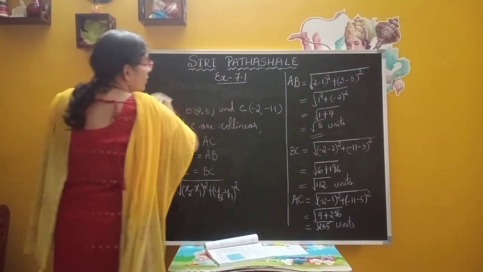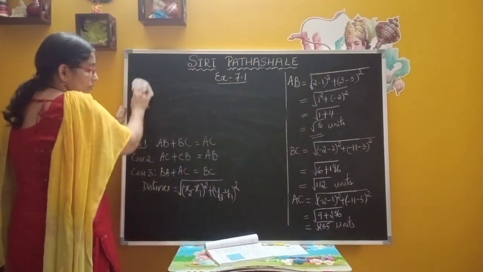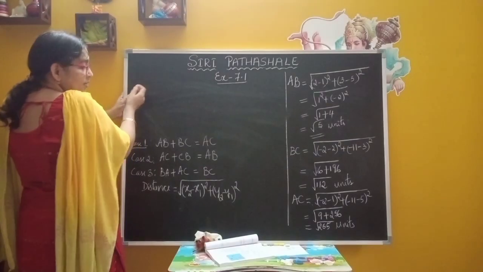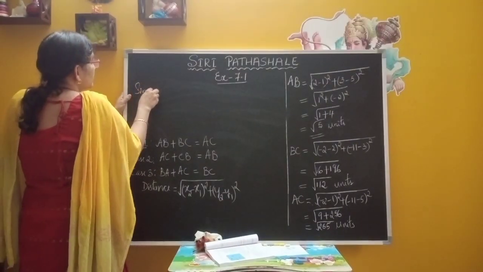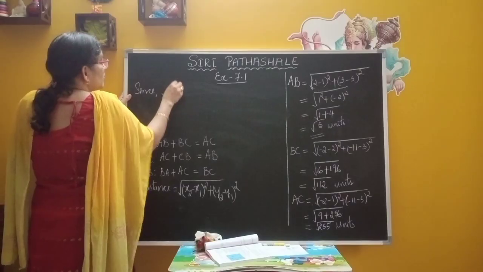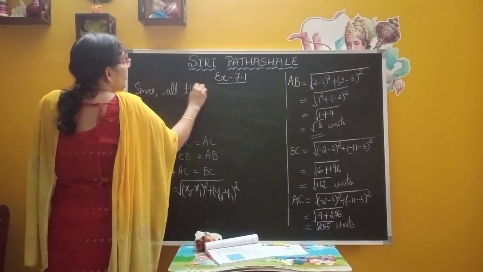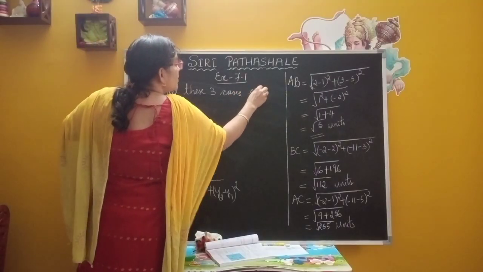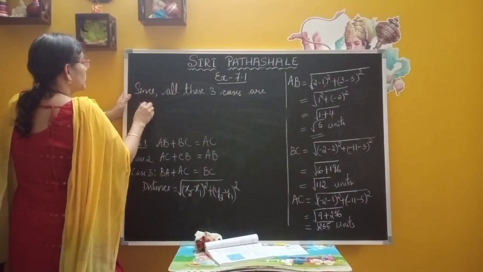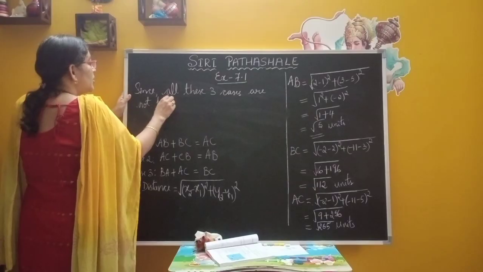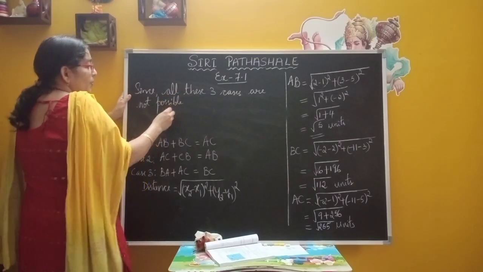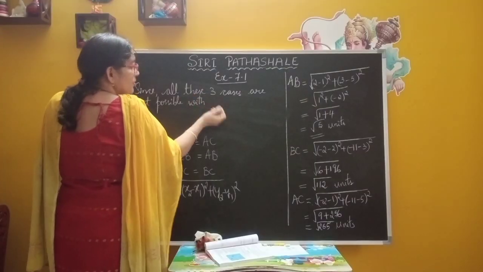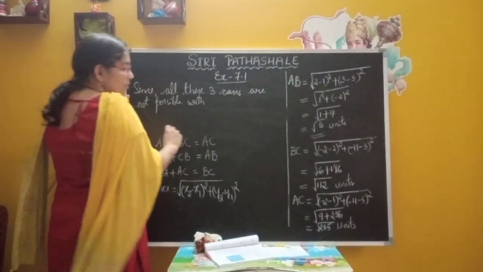Okay, so right now, write conclusion. So here all these 3 cases are not possible with the distances AB, BC and AC. So what can we say now?